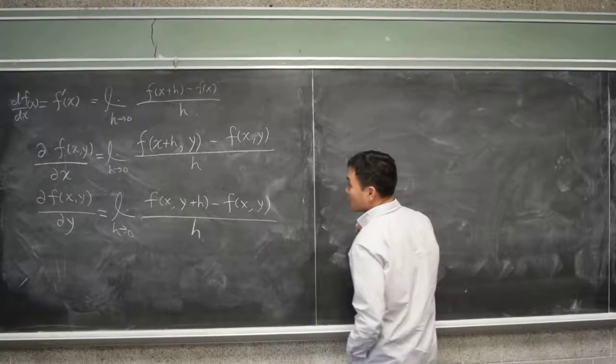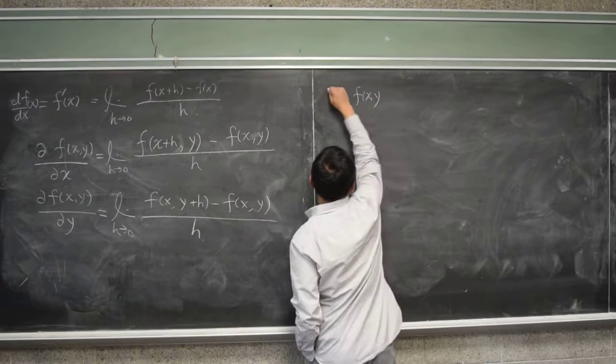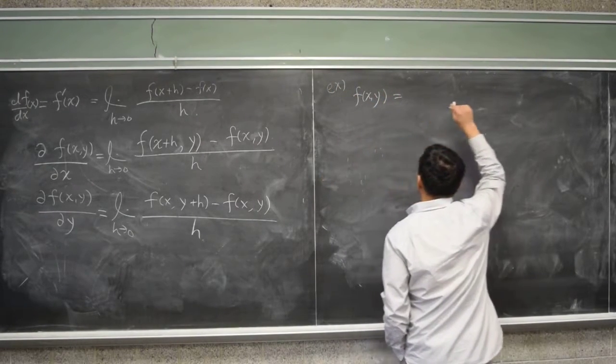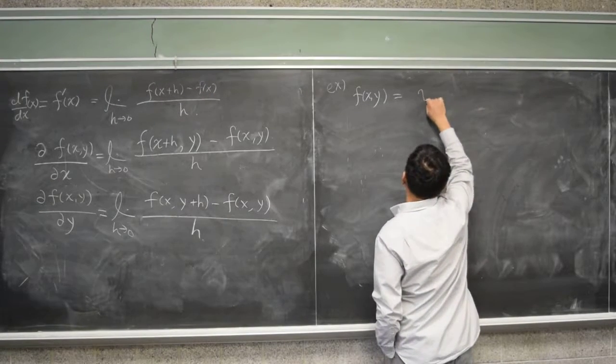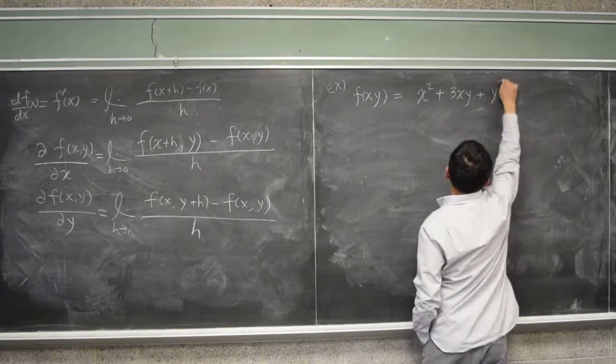So here's what I mean in the actual situation. So let's say f of x, y is equal to x squared plus 3xy plus y cubed.